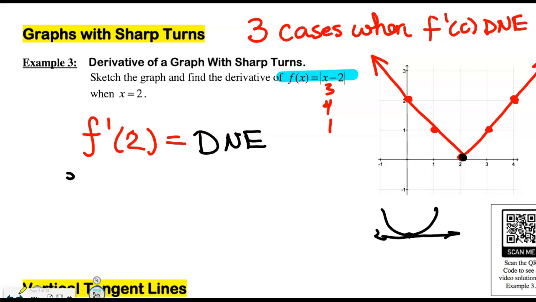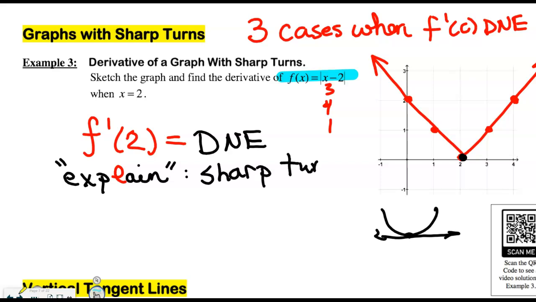Now, got to be careful. If it says explain, that is a weak prompt. It can be done in words. Like explain yourself, you use words, correct? So you can just say there's a sharp corner or sharp turn at x equals 2.